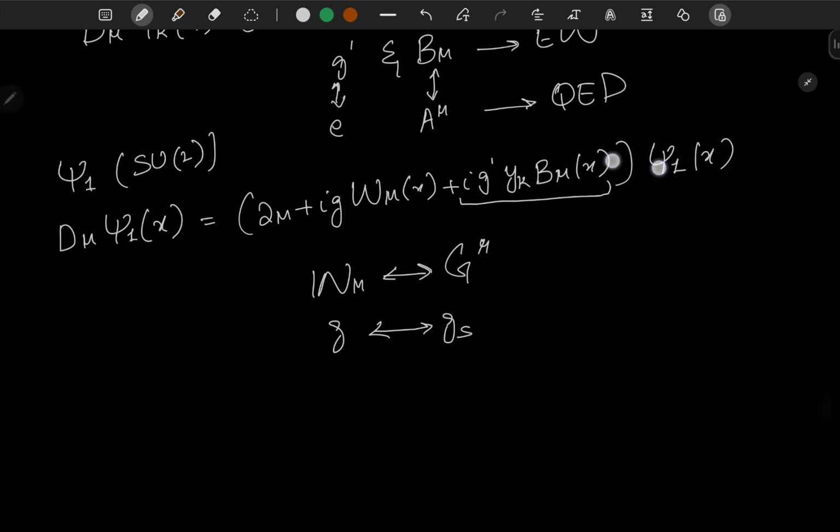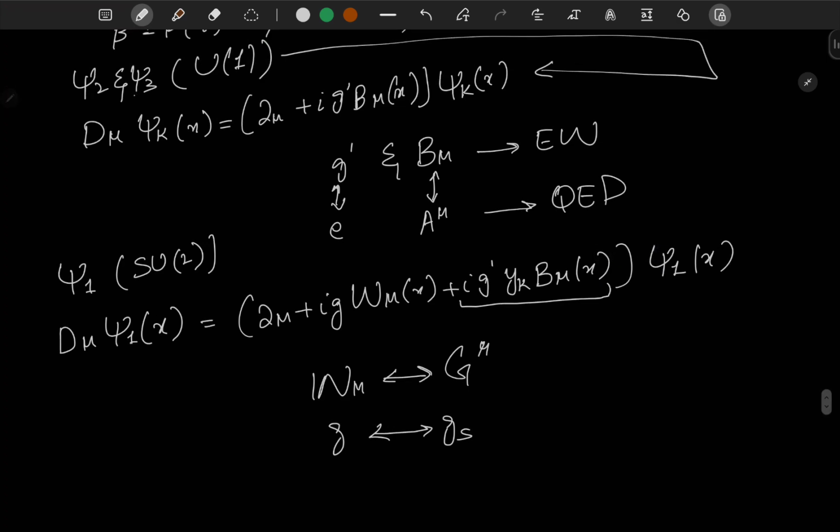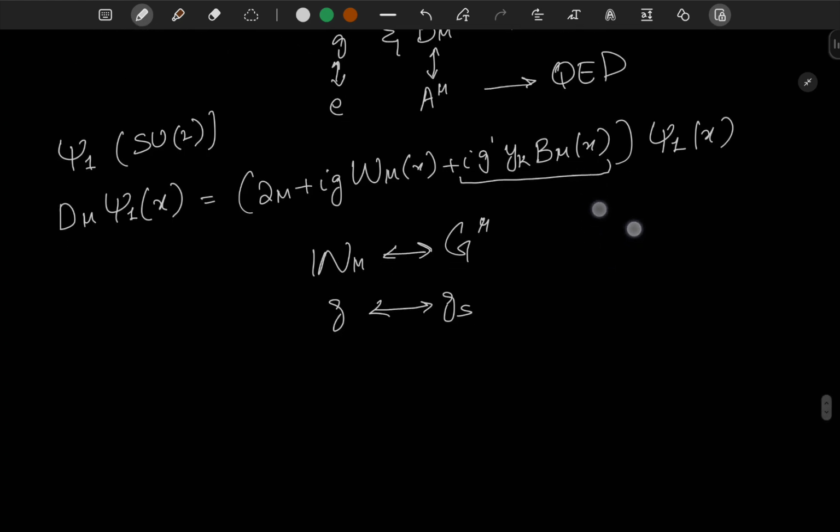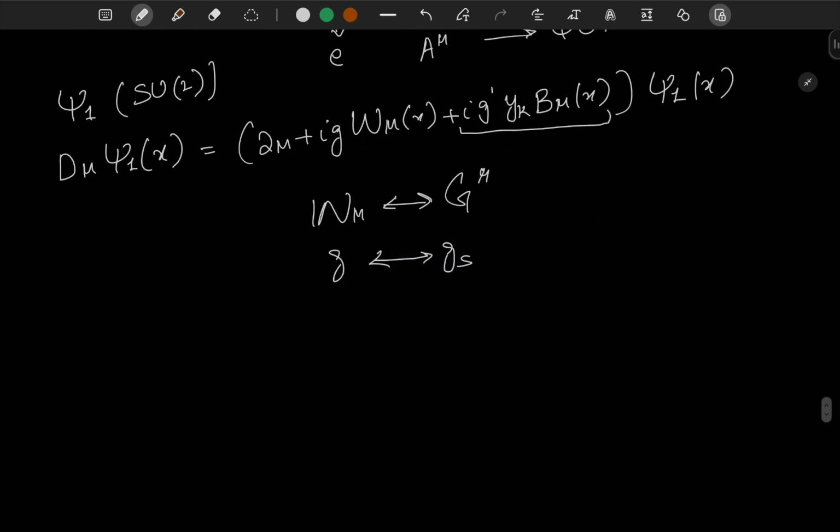And here we are not going to really check that D mu transforms in the same way as the field transforms itself, because we have done those calculations in the case of QCD. So we move ahead and write D mu psi 1.